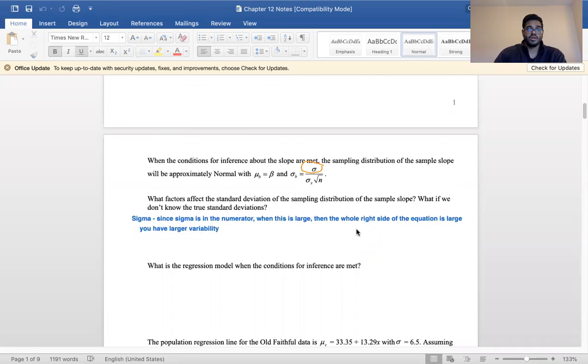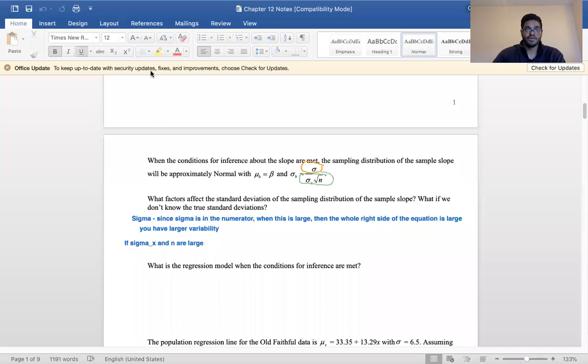Now take a look at what's in the denominator. If sigma sub x and n are both large, then think about what's going to happen. If you have a really big number in the denominator, that's going to make this whole fraction really small, and therefore you're going to have less variability.